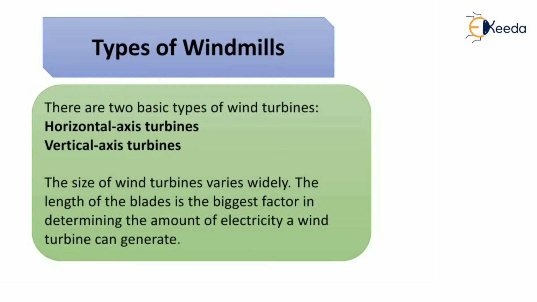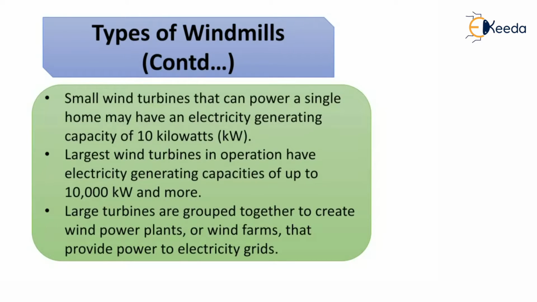Now we will see the types of windmills. They are basically horizontal axis turbines and vertical axis turbines, and there is also variation in the size of wind turbines. Small wind turbines that can power a single home may have an electricity generating capacity of 10 kilowatts.